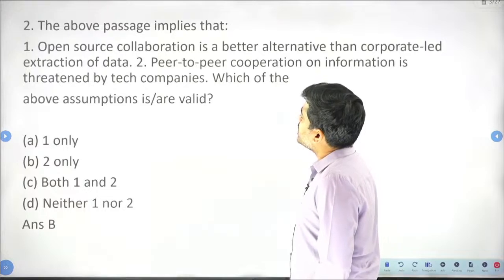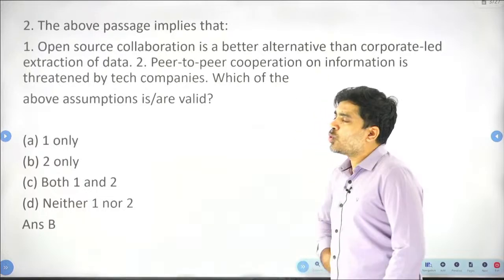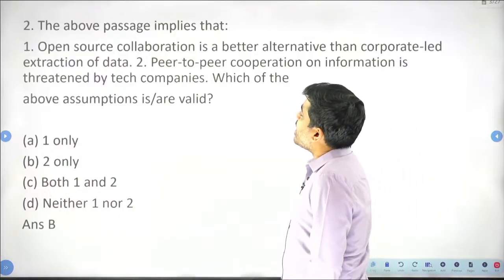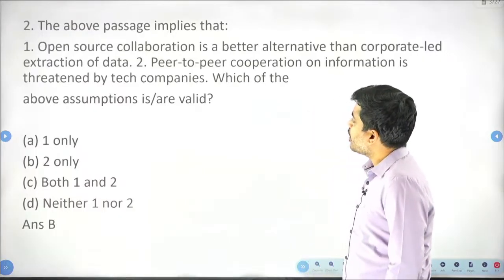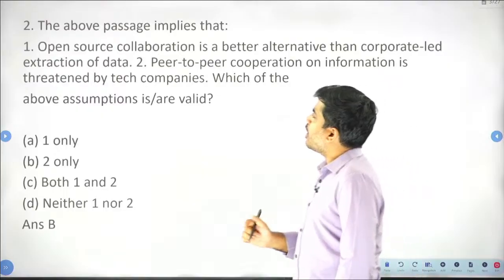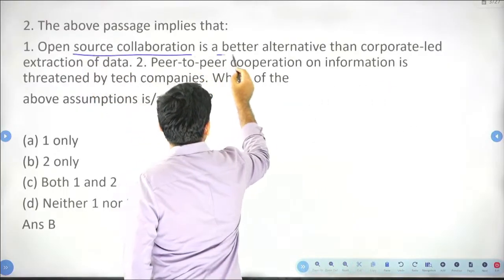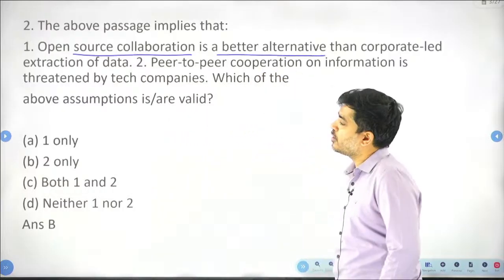What is the second question? In the passage, there are two statements given. They are asking what the above passage implies. It is given clearly that open source collaboration is not a better alternative than corporate.